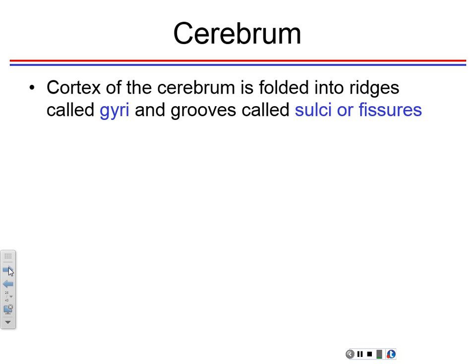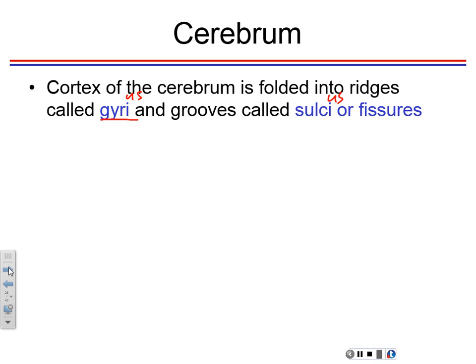Okay? So on the gross structure of the brain, if you ever look at the brain, you see these little squiggles and bumps and so forth. The bumps are called gyri, okay, and the grooves, the cracks, are called sulci. Sulcus, gyrus is singular. Gyri, sulci, plural.